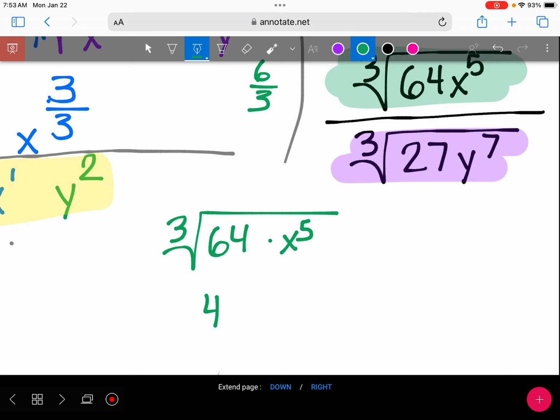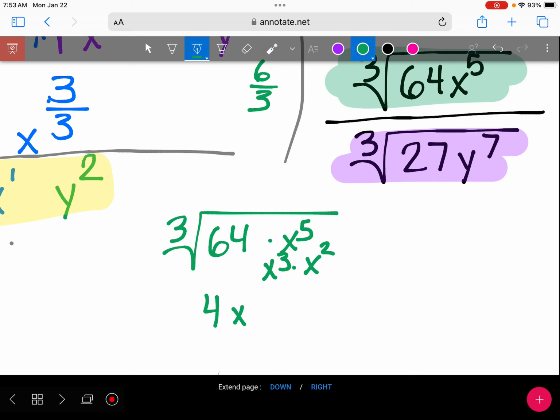How about for x to the 5th? Yeah, I can make this be x cubed times x squared. So that's going to let me take out one group.